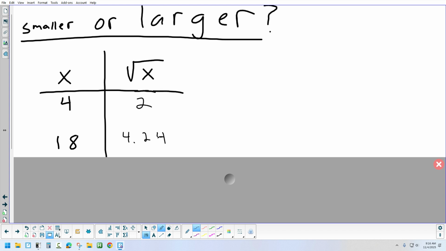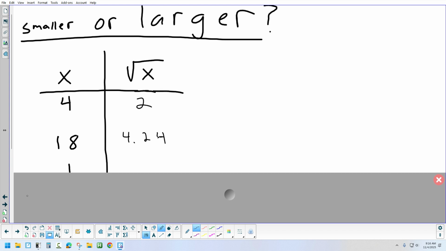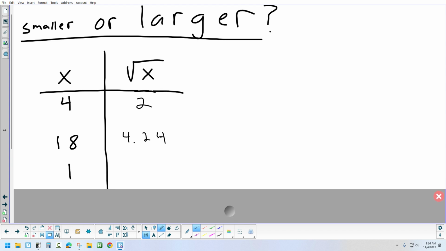Can anybody think of a number you take the square root of and it doesn't get smaller? A fraction. All right, we're going to talk about fractions in a minute. But how about something you can take the square root of and it stays the same? 0 or 1. If you take the square root of 0 or 1, it stays exactly the same. So from those examples, it looks like when you take a square root, maybe it either stays the same or it gets smaller.